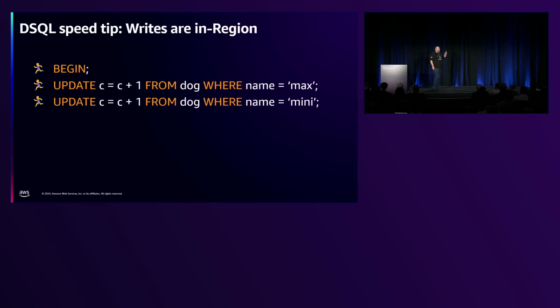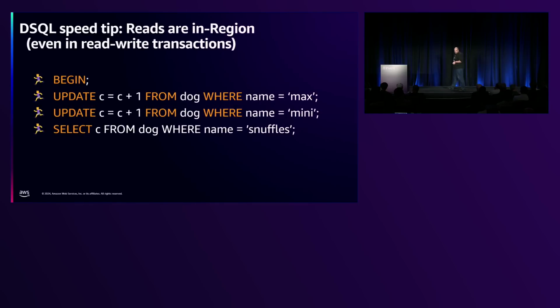These are happening from the application in region A to the endpoint in region A, SQL's running in region A, the reads that are used for this update, because an update's a read, modify, write, coming from region A, nice and fast. Even in read-write transactions, the selects are still fast and local. And so you can have mixed mode transactions that do both reads and writes without losing this cool locality property.